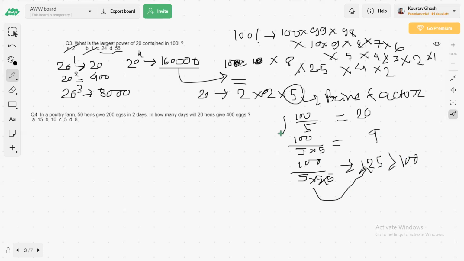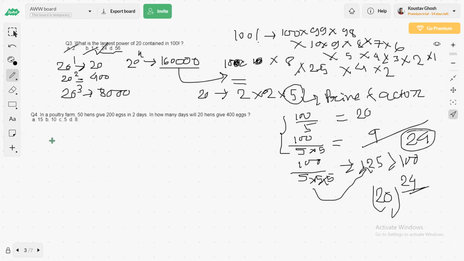So these two possibilities, total is 24. So the largest power is 24. This is the answer, so C is the choice.